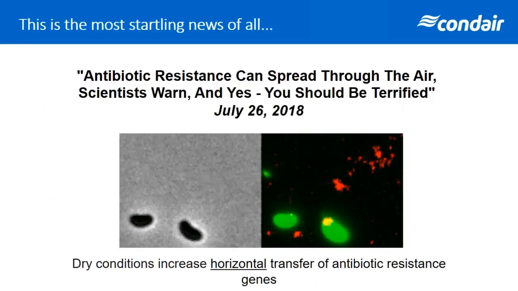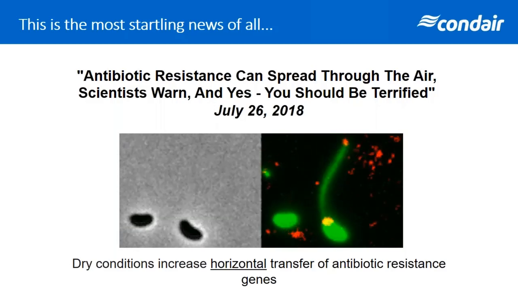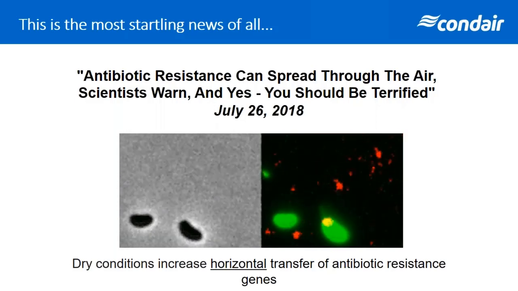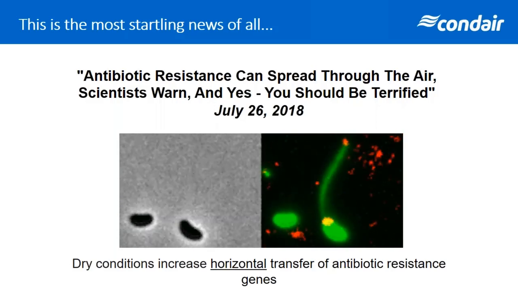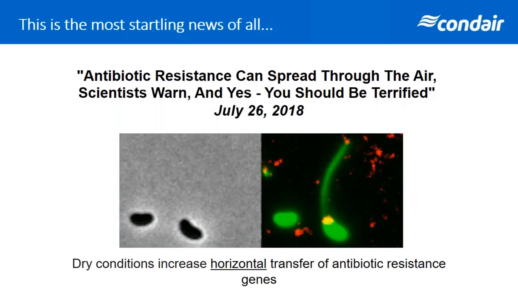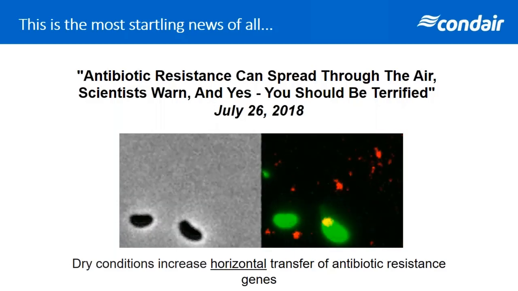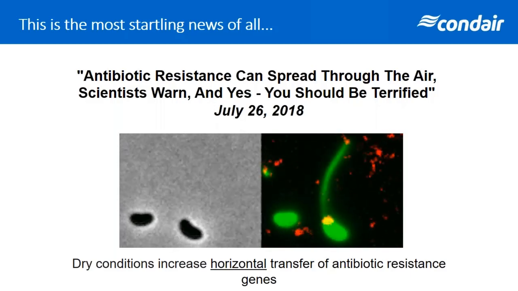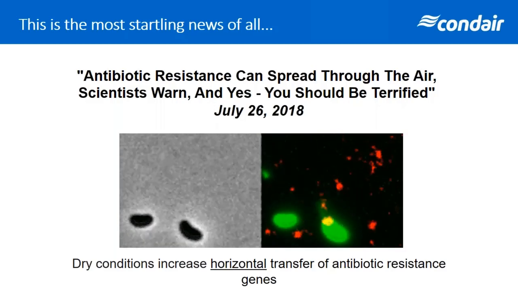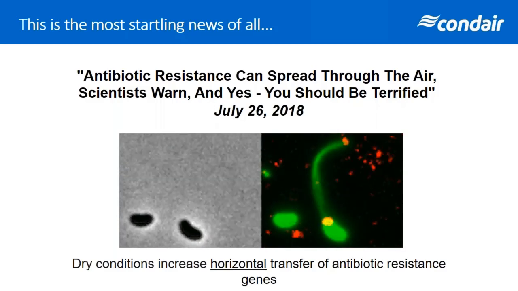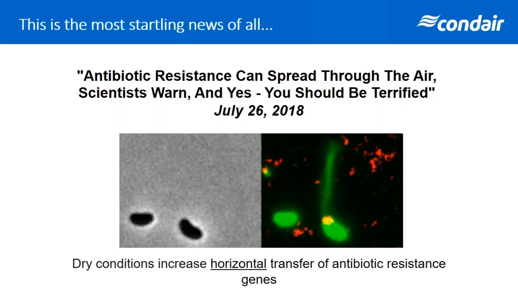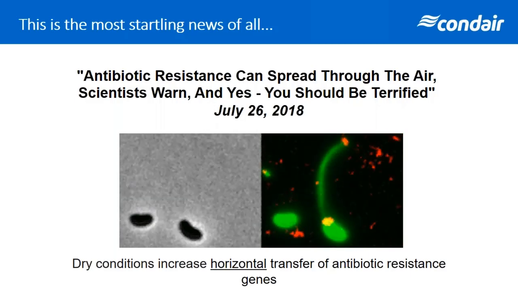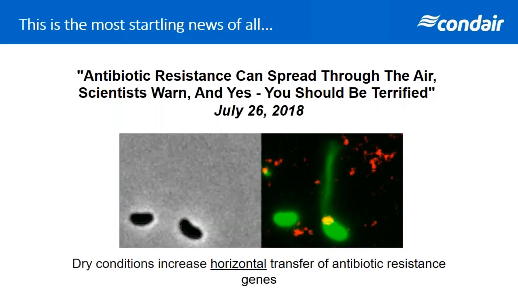So not only are organisms more infectious in a dry environment, but we just learned as of the summer of 2018 that antibiotic resistance is actually spread from bacteria to bacteria more easily when they're in the airborne state. So if you're a biologist and you've been thinking about vertical transmission of genes, where a bacteria would replicate and then reestablish a community, that takes a little more time than horizontal transfer.